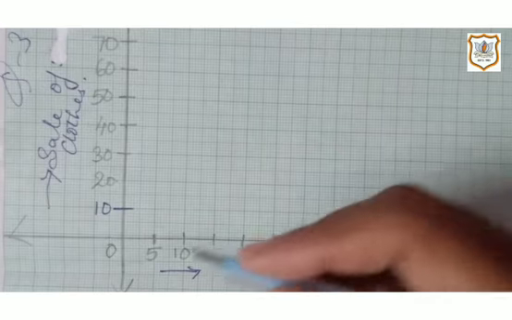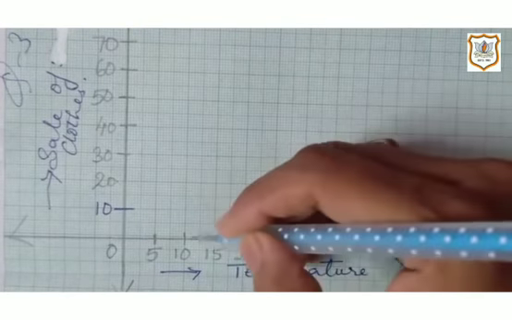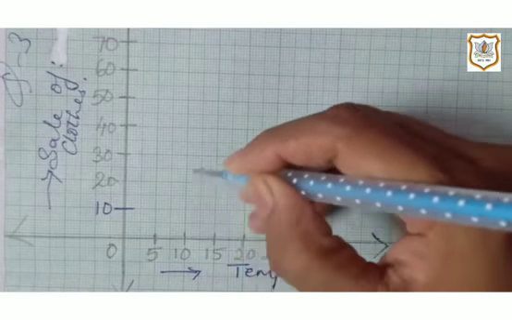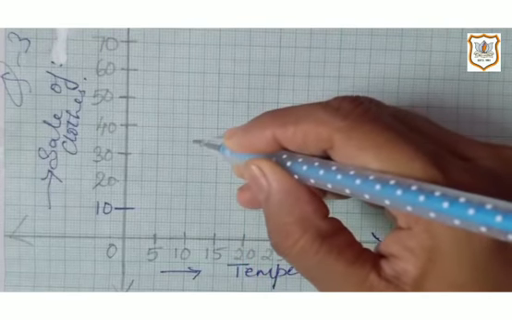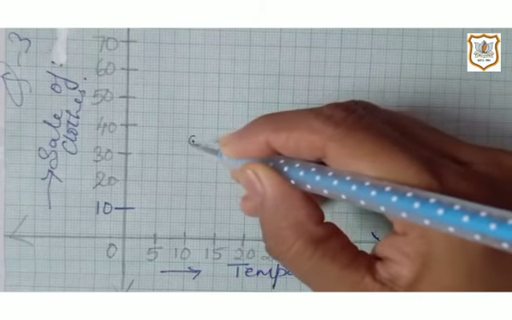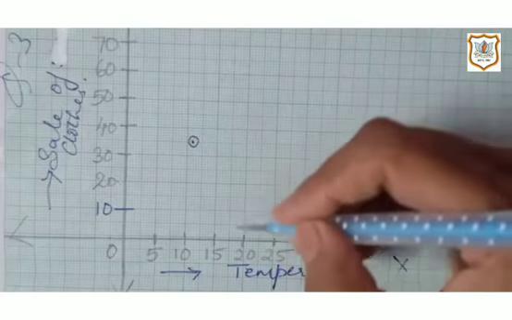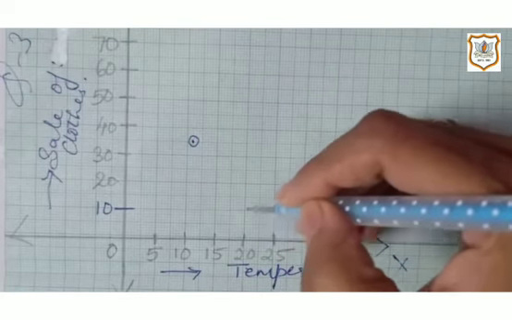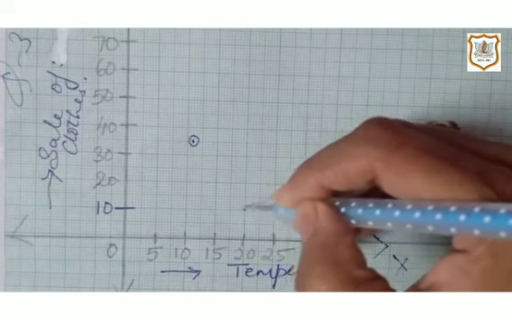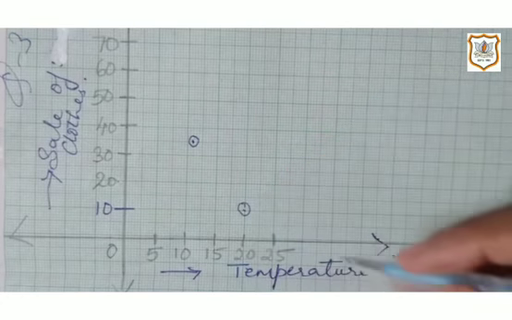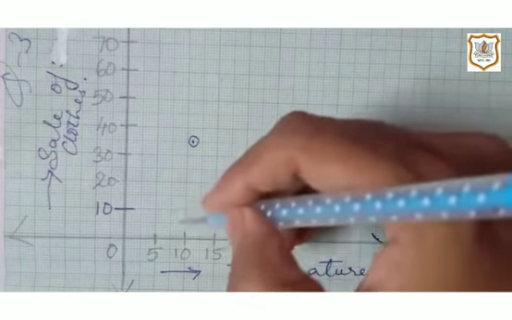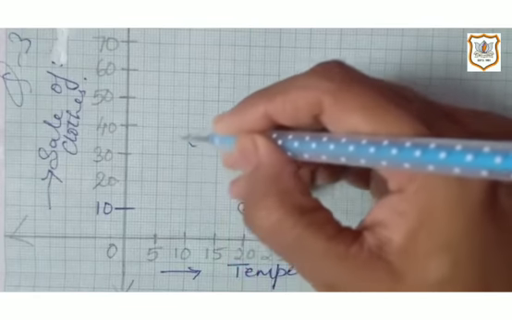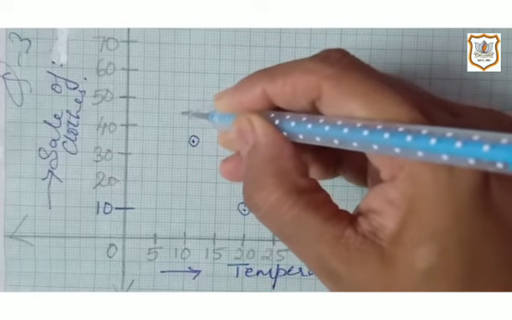The first is 12 and 35. So 12 and 35 will be over here. The next is 20 and the value is 10. So this is the next point. 8 and 45. So this is 8 and 45 will be over here.